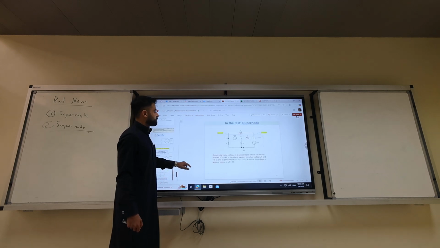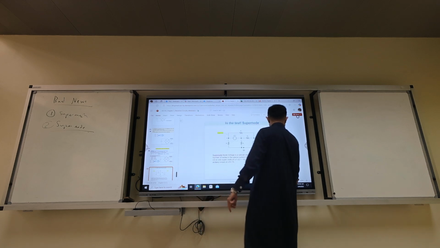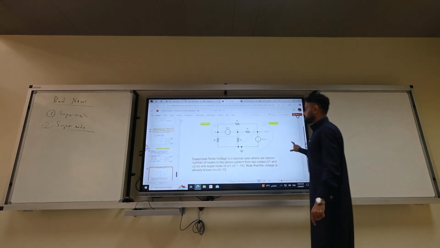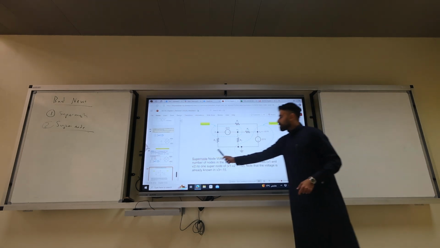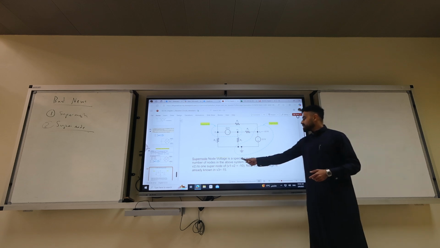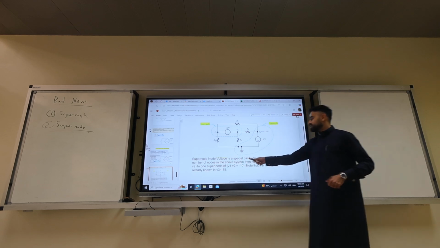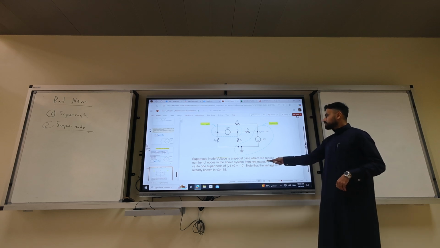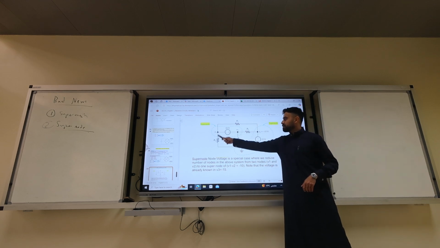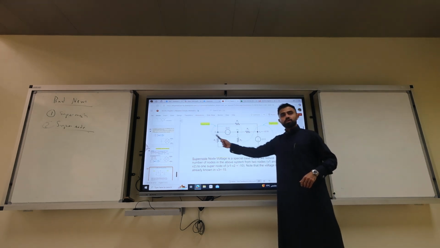Slideshow, it will restart. So supernode node voltage method is a special case where we reduce the number of nodes in the above system from two nodes, you have now here V1, V2, to one giant supernode.